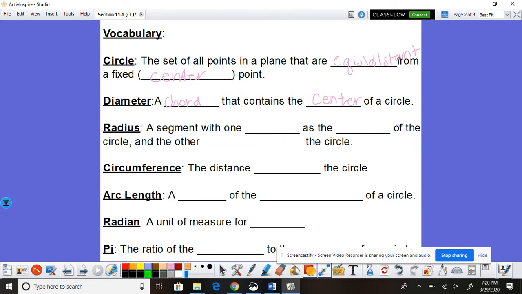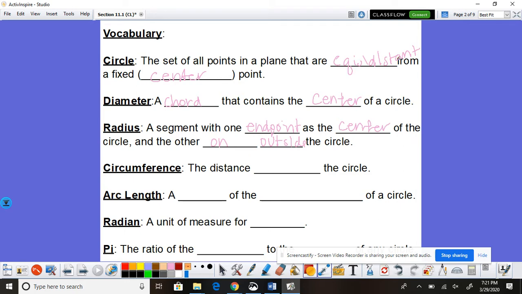A radius is a segment with one endpoint as the center of the circle and the other endpoint on the boundary, on the outside of the circle.